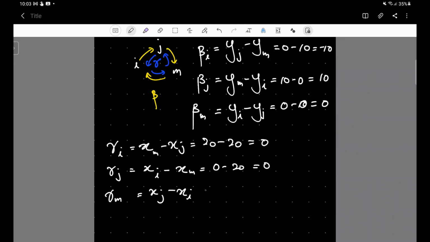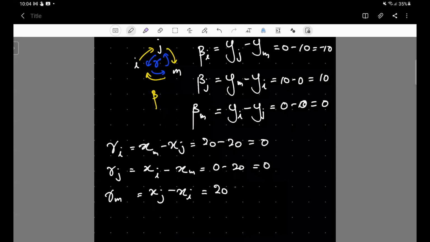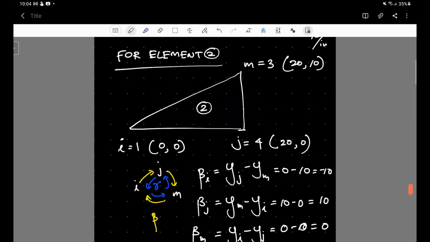I think you have got a hang of this method now. 20 minus 0 is nothing but 20. So this, I made a mistake, minus 20. So let's call this equation 13.